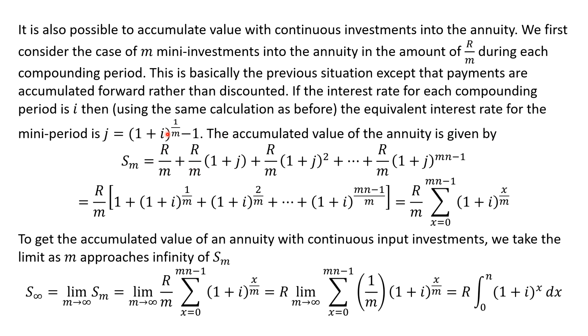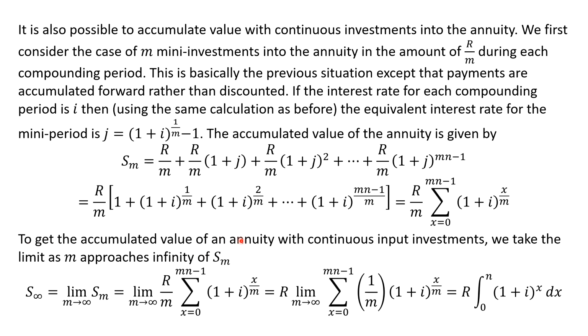This is R over m, the first one, then R over m, basically the principal and the interest over that first mini period, and so forth, all the way up to m times n minus 1. That's the number of terms we have here. And we factor out the R over m. We get this series, which I've written in summation form.